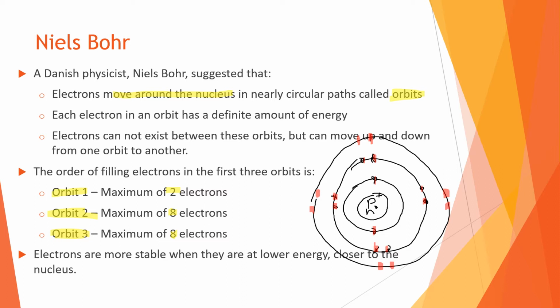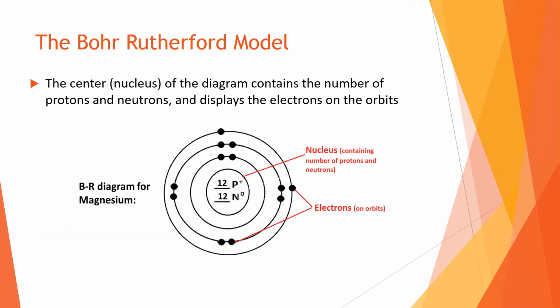Okay, so this diagram is showing a Bohr-Rutherford diagram of the nucleus and the orbits, and it's depicting how many electrons each orbit can contain. Okay, so I kind of got ahead of myself. The Bohr-Rutherford model is also shown on this slide as well.